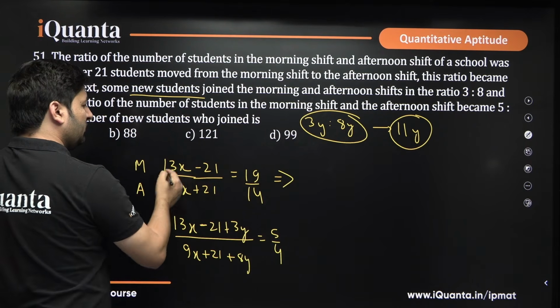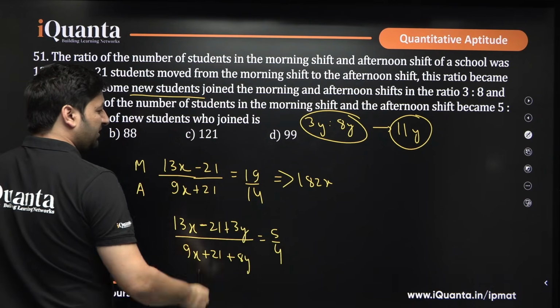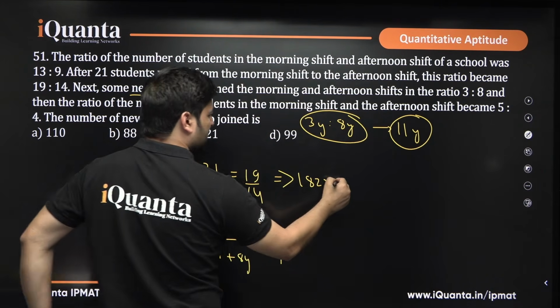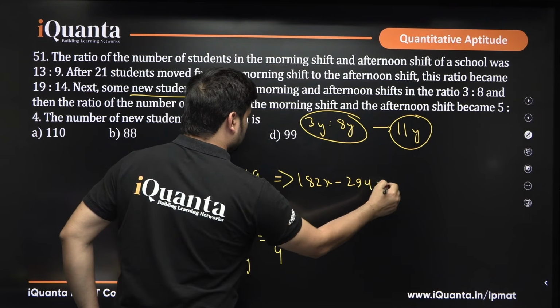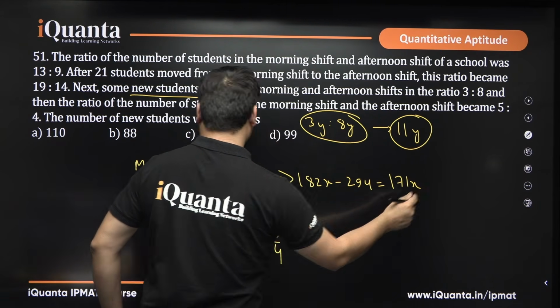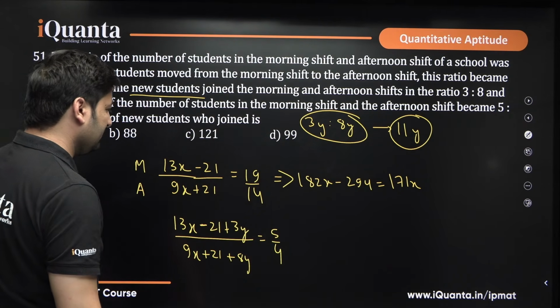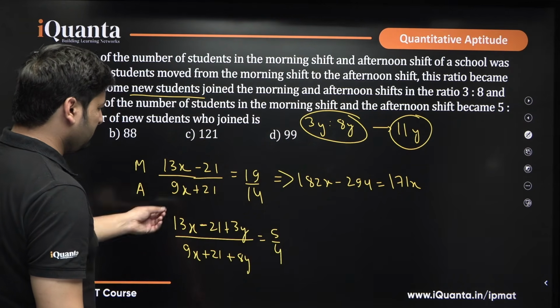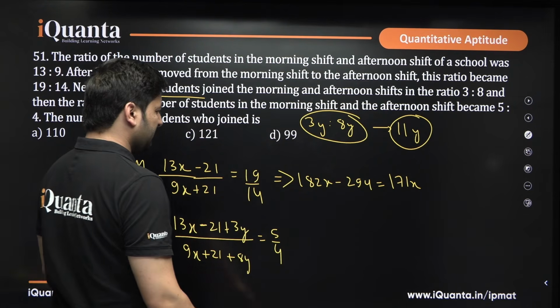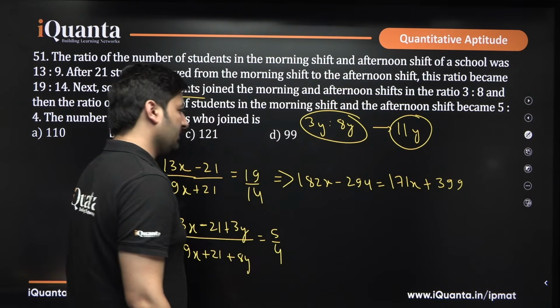So, 13 into 14, this is 182x, and then 210 plus 84, that means 294, that is equal to 19 into 9, that is 171x, and finally 21 into 19 is how much? 210 plus 189, that means 399, right?